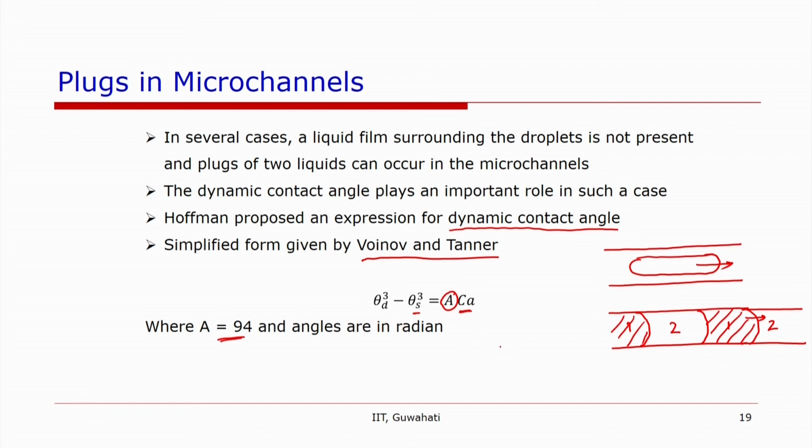So Ca we already know is mu u over sigma, theta d is the dynamic contact angle and theta s is the static contact angle.